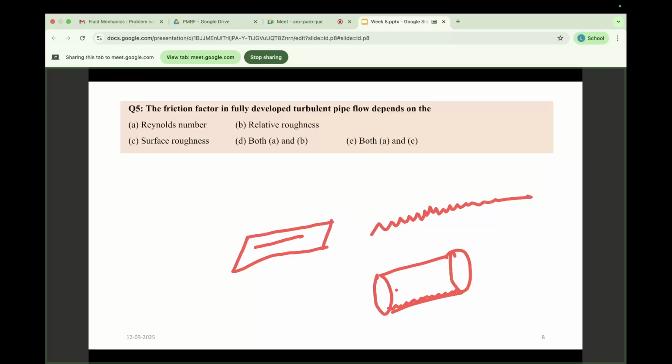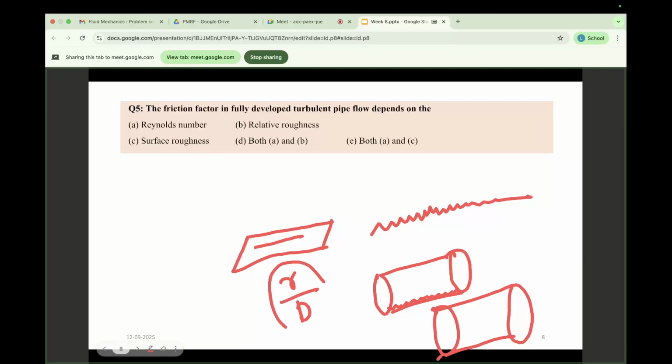So in that case, you will not be able to distinguish which case is which, right? So that's why this roughness, if I represent it as small r, then r by D is the parameter which is used in the friction factor.